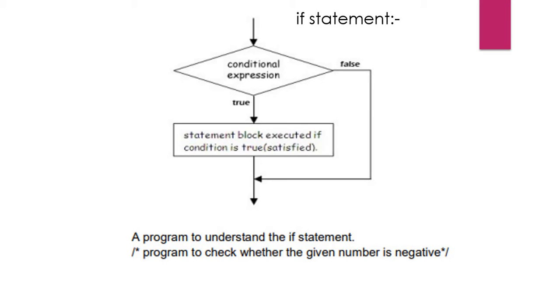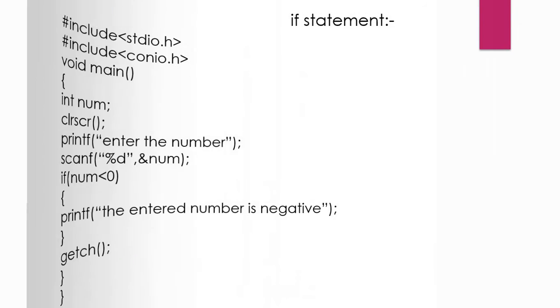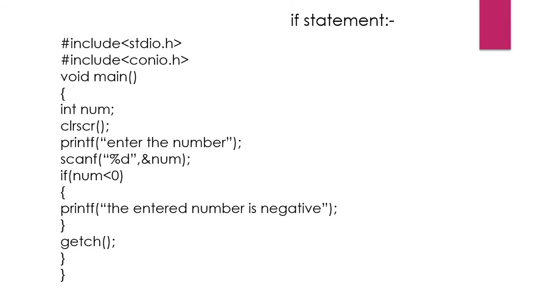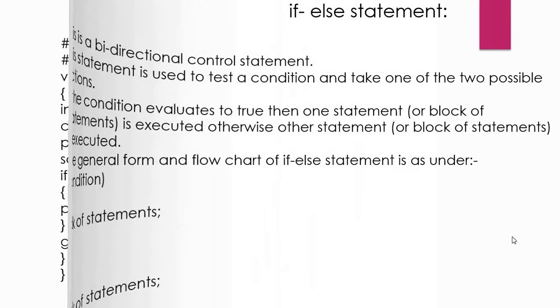If this expression is true, it will go for the particular print statement, the true statement. Otherwise, it will go for the false statement. Through input, the user will enter the number. Within the if condition, it will check whether it's negative or not, and accordingly we get the output. So this is the simple if statement.